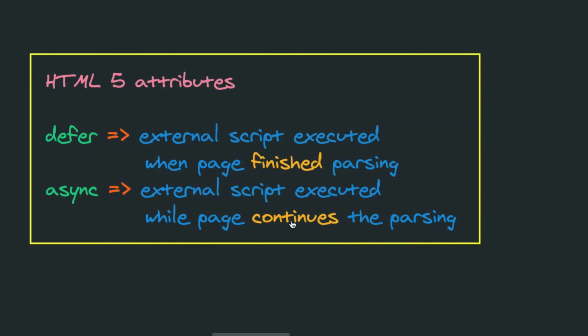While the page continues parsing, let's say you have thousands of elements, like on Facebook or Twitter with so many small elements, the browser continues to understand the HTML, H1, H2 tags and parse them, and in parallel in the background it downloads the external file and stores it. This is what the browser is doing. Once the parsing is completed, then it starts executing it.